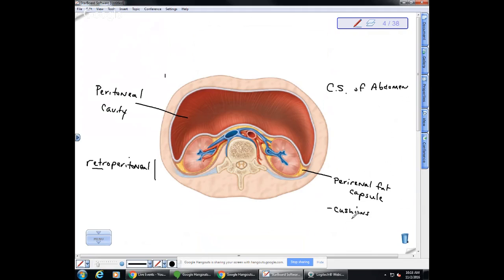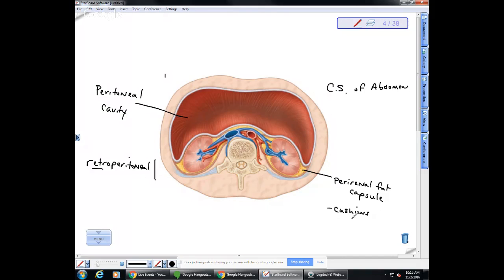So when you get kicked in the back of your body, kind of up here, where your iliac crest is, just a little bit above that, you could actually have damage to the kidneys. If you have crushing injuries, like a car accident, you could have blood showing up in the urine because you damaged your kidney.